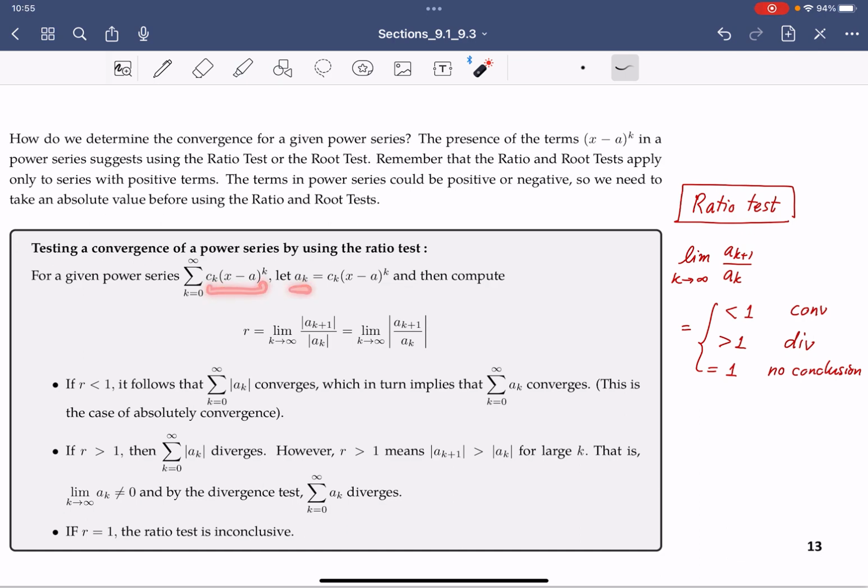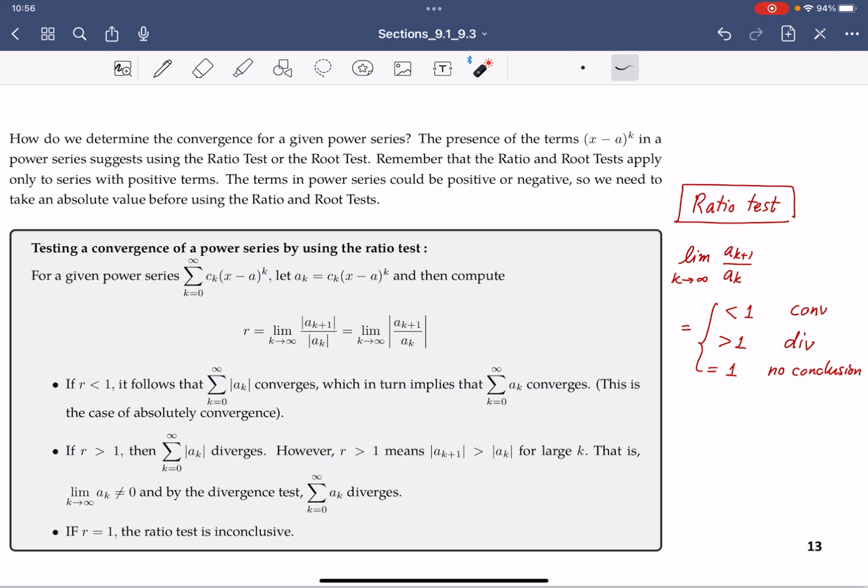Then we use the ratio test to compute the limit of a_k+1 over a_k, and compare with the number 1, the same as you did with the ratio test. When it is less than 1, we say those x values are convergent. When it is bigger than 1, those x values are divergent, and when it is equal to 1, no conclusion. You have to do this case separately by using the technique that you learned before.